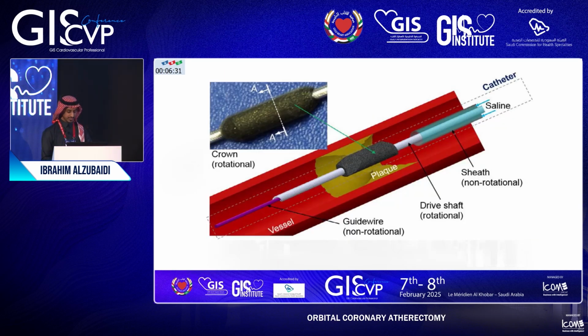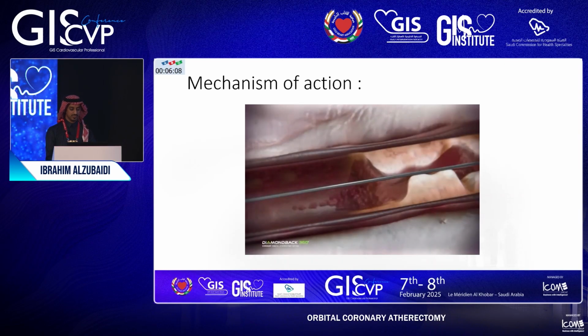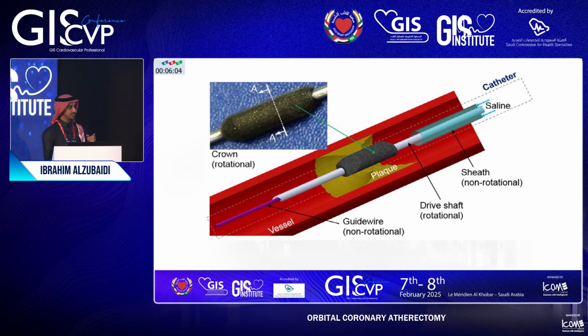As you can see here, we have the drive shaft. It's a conic shape which can cross the lesion safely without damage, and to facilitate crossing the lesion, we have the crown, which has a 360 movement.